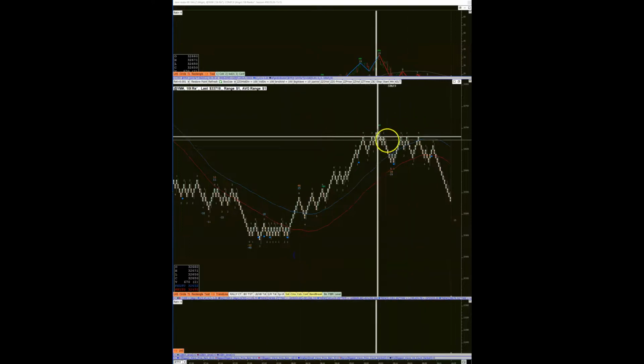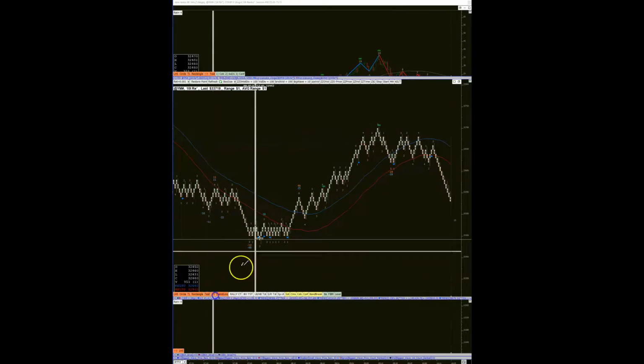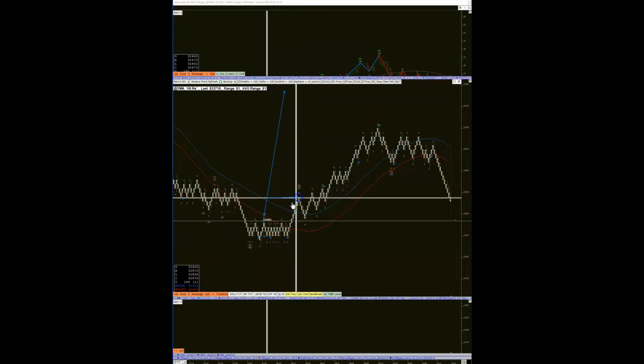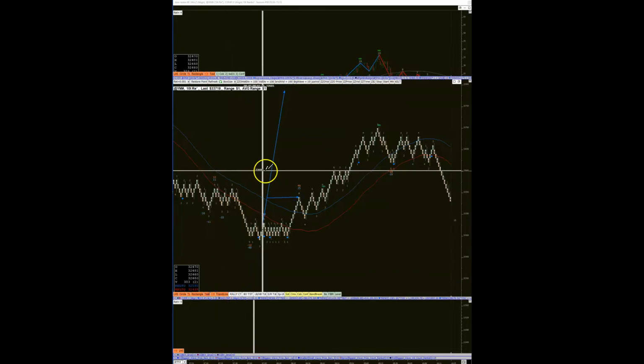So that's one way to do it. But the method I showed here, looking at the high to high, the space between the lines that represent from one high to the next, which is, again, just draw a line. It could be straight, it could be like that, and then just start marking the highs.